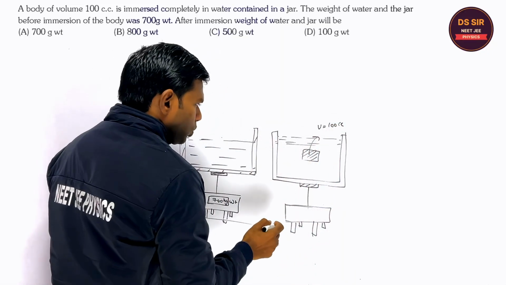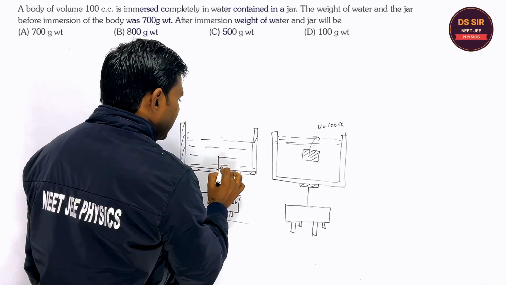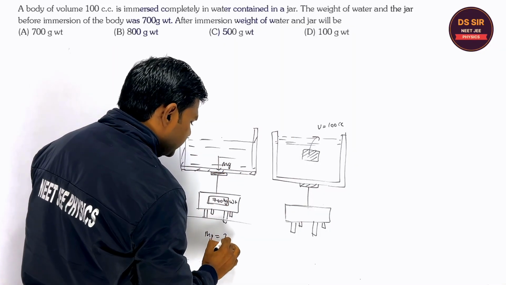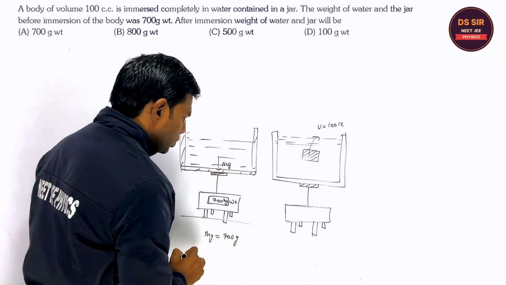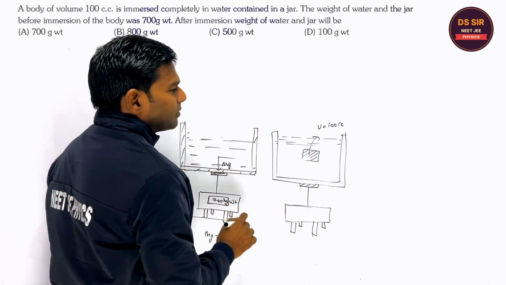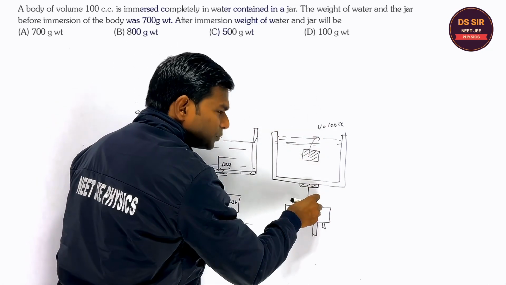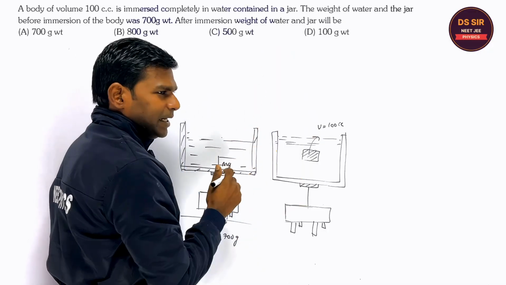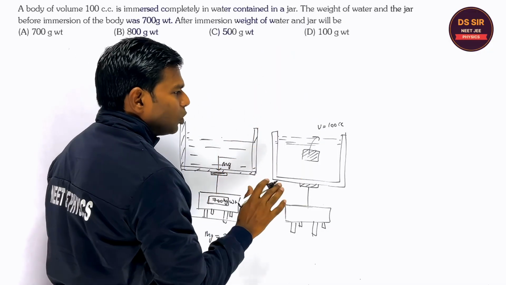Although the mg is already acting over here, and the mg is equal to, say, 700 g, you can write like this. So what extra force is acting when it is dipped, whether it is sinking or whether it is light and will move up, it does not matter.